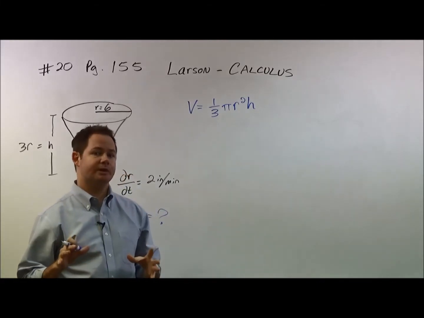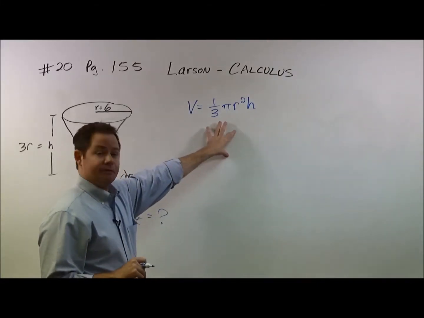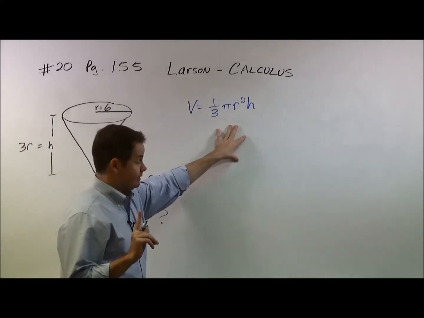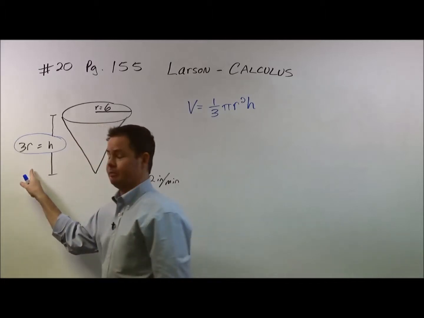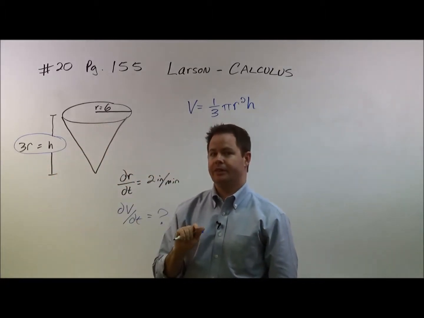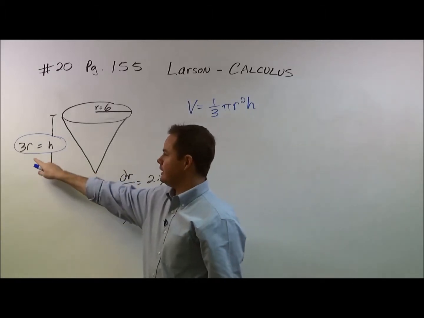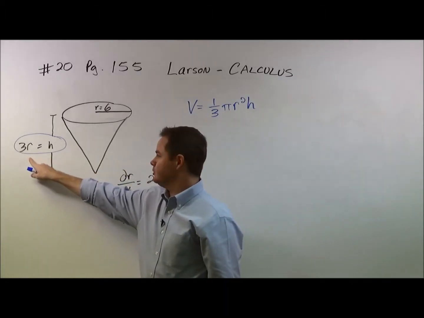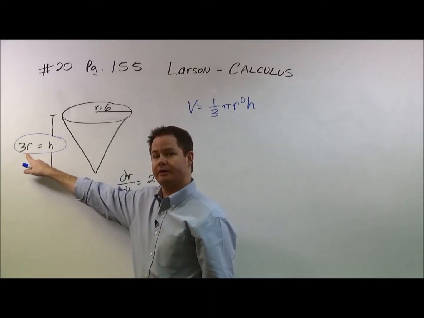So here's where we want to simplify things for ourselves. If we're going to have to take the derivative and we have 2 variables, but we happen to be told a relationship between those 2 variables, then we should be super psyched, because that means we can use a little bit of substitution. We know that the height is equal to 3r.